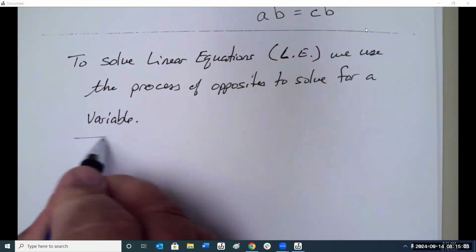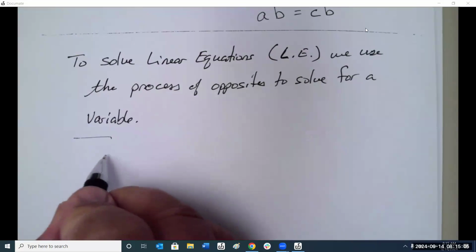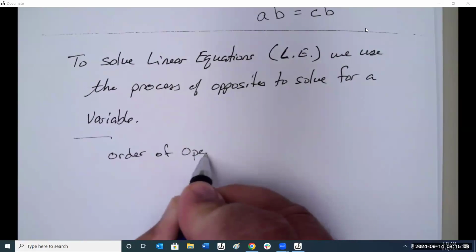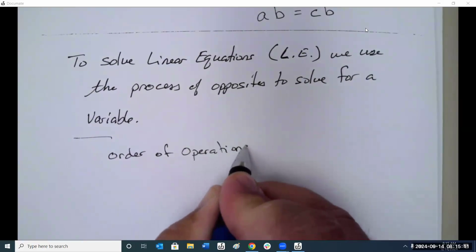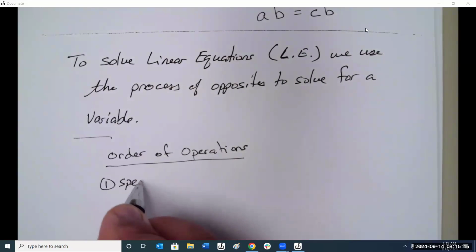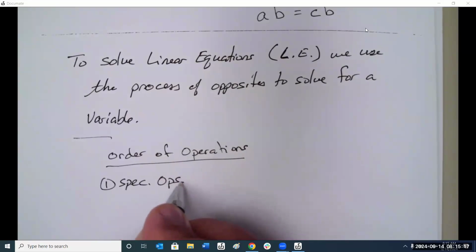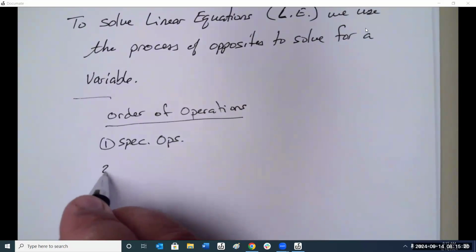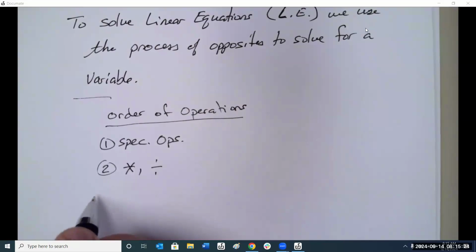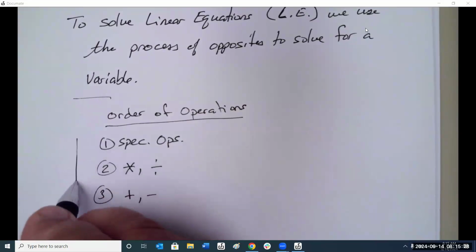The procedure, the process in which we do these, we know the order of operations says do special ops first, then do multiplication, division, and then do addition, subtraction, all going down this way.